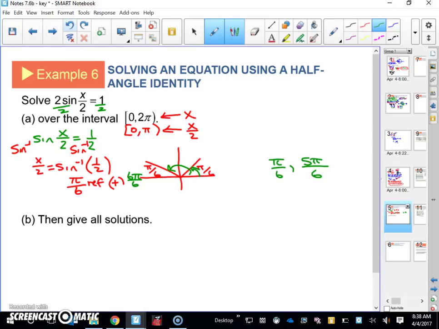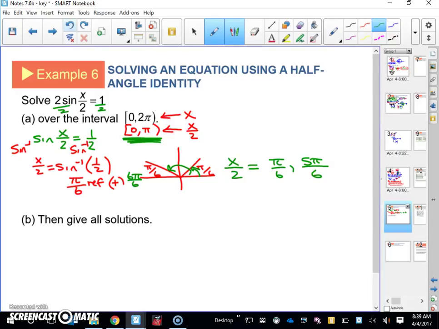But if you think about it, and this doesn't really come into play here, you have to think about the interval. Usually when there's a doubled interval or a tripled interval, it's going to come into play more. But what this says is for the half angle, which is the level I'm still at, I've got x over 2, my half angle.